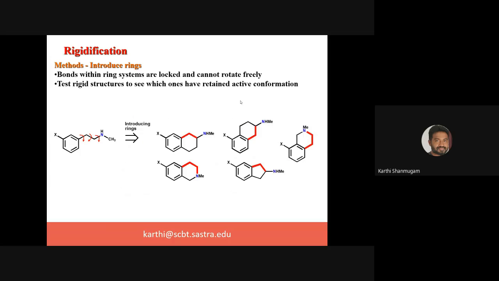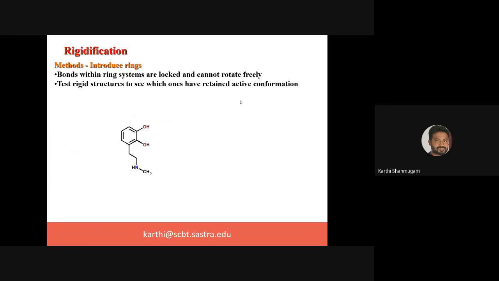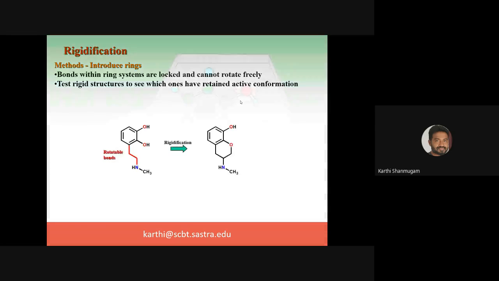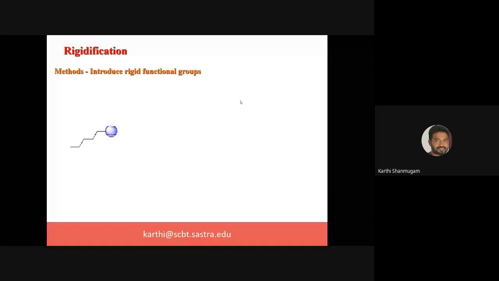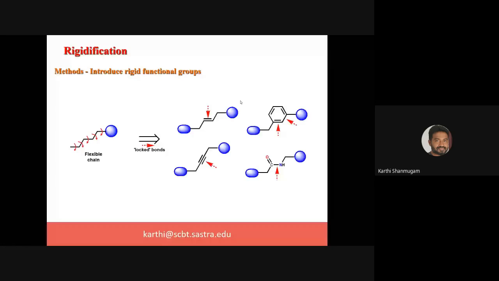Here I have some more examples. The story is the same in all of them: we convert the flexible molecule into a rigid molecule. This is the example for the methods used in rigidification.